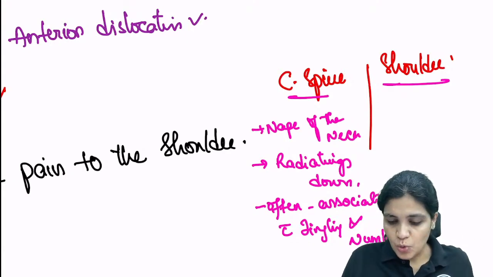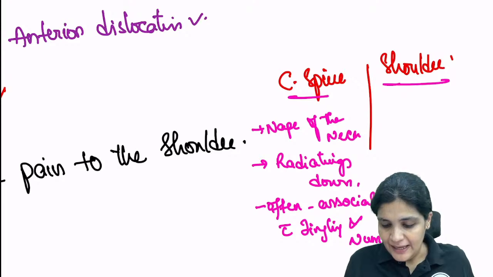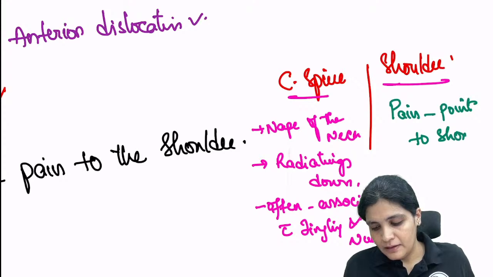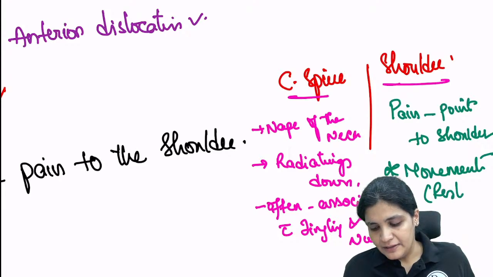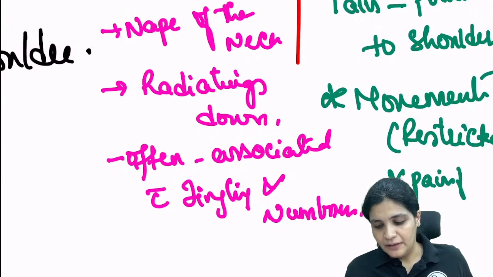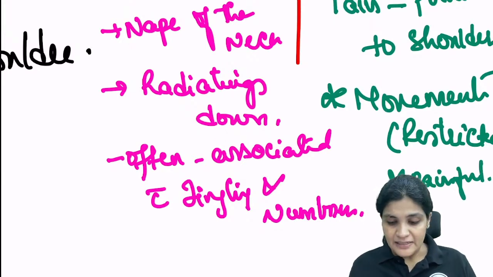And then if it is a shoulder pain, usually they say it is pain and they point towards the shoulder, and the movements will be restricted or the movements would be painful. So these are some of the important things.